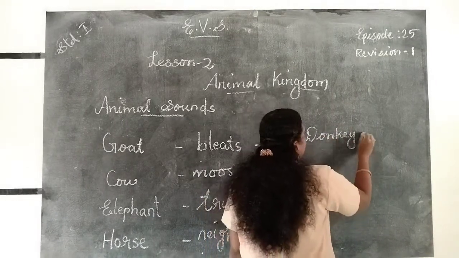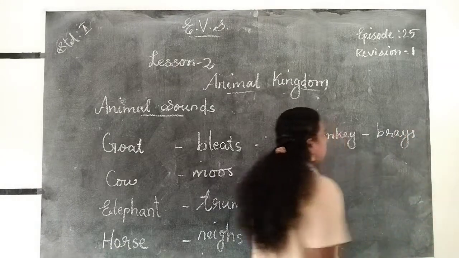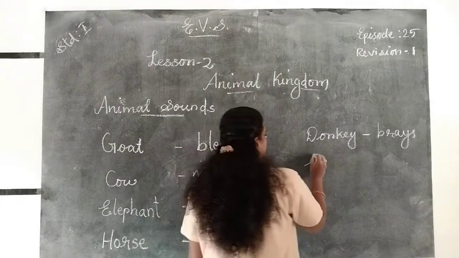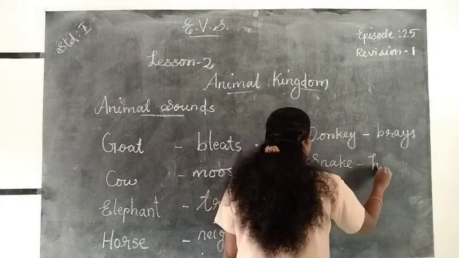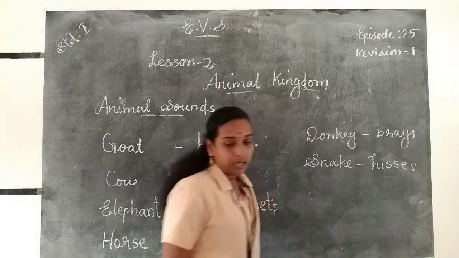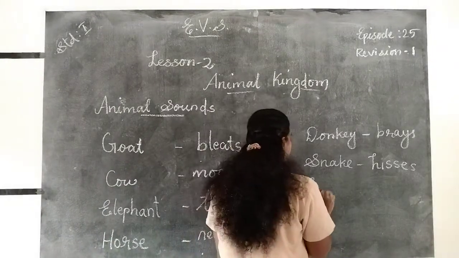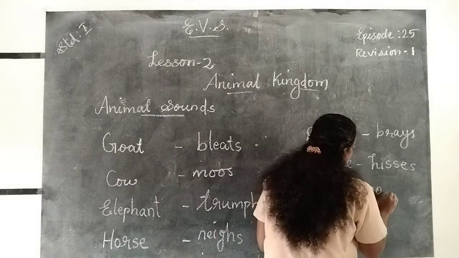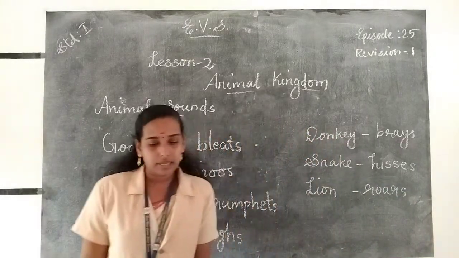Then donkey, D-O-N-K-E-Y, donkey. And the sound is bray, B-R-A-Y-S. Then snake. It hisses, H-I-S-S-E-S. Then lion. Roars, R-O-A-R-S, roars.